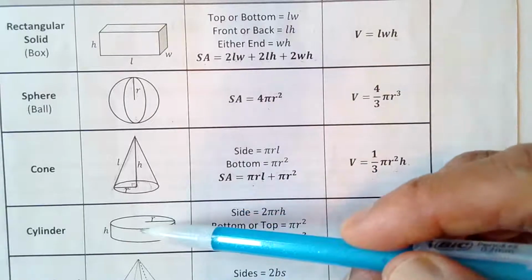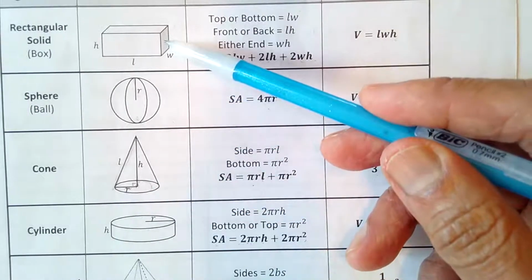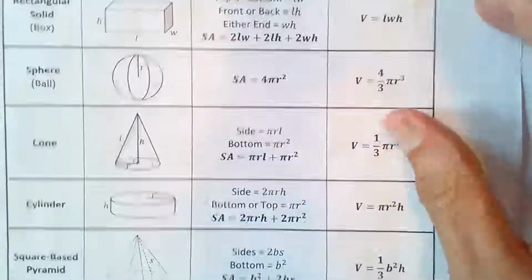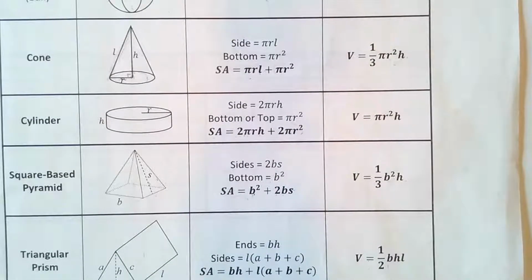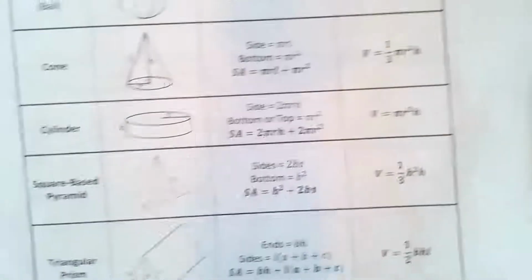You may combine a cylinder with a cone. You could have a rectangular solid and a square pyramid, or a triangular prism. So that's what we mean by composite. They're composed of two or more different kinds of 3D objects.